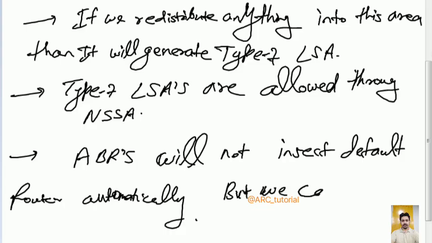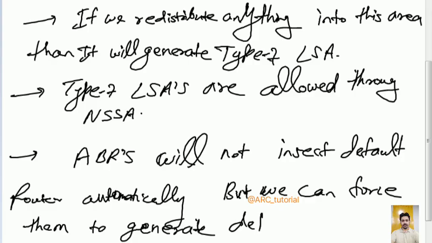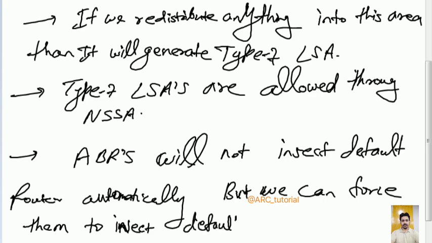We can force them to inject default route, right? I will not say generate, to inject.